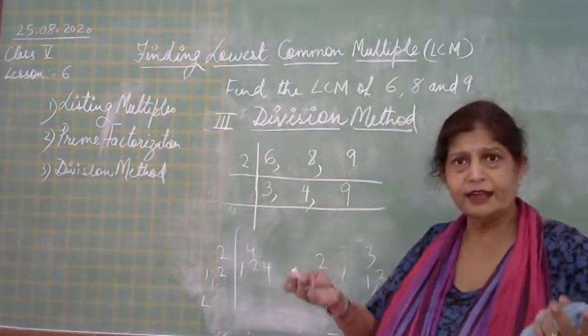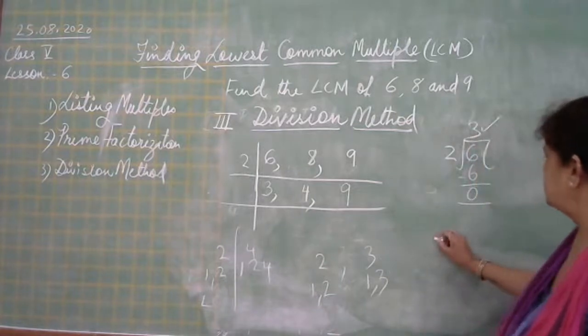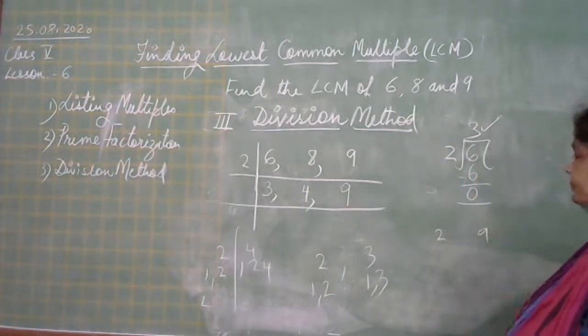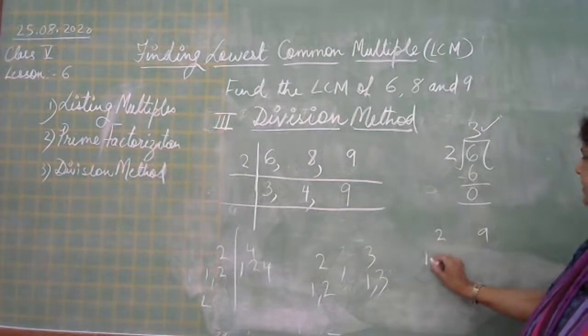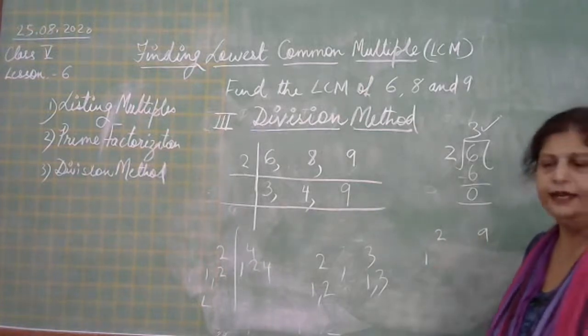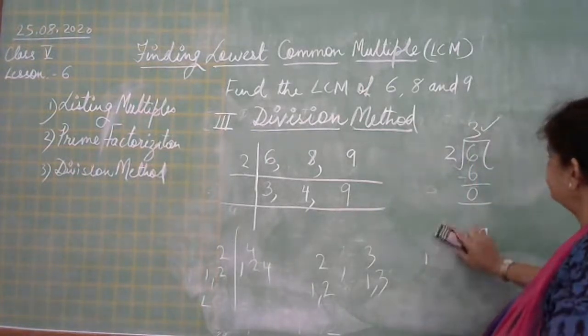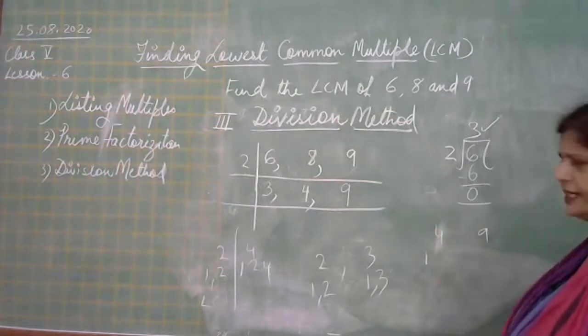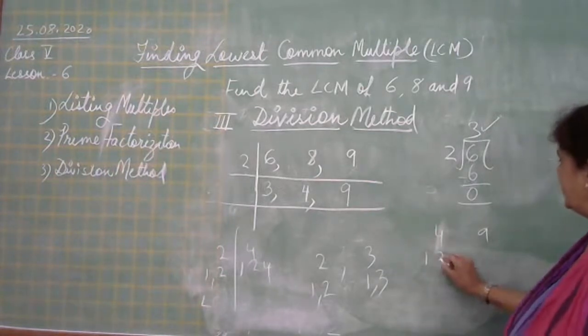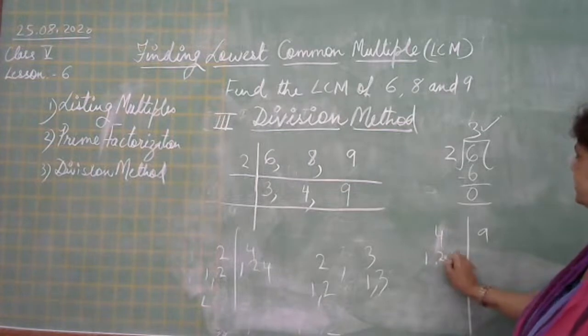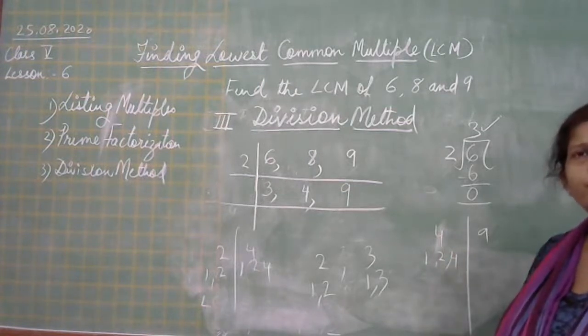Let us take another example. Let us take 4 and 9. The numbers 1, 2, 4 are the factors of 4.